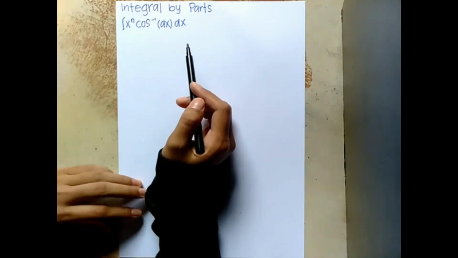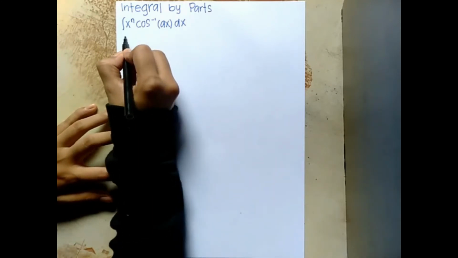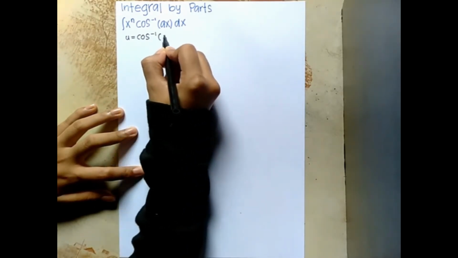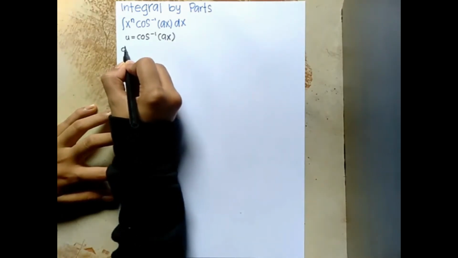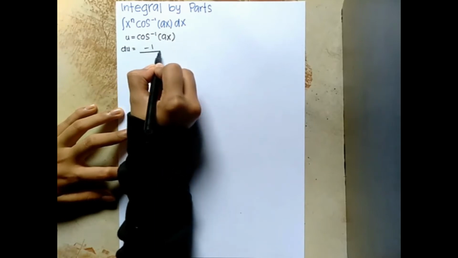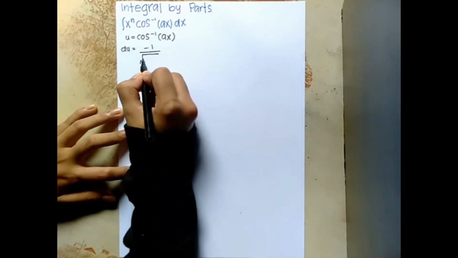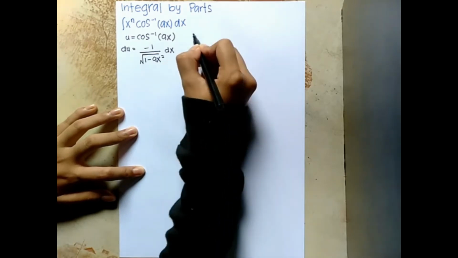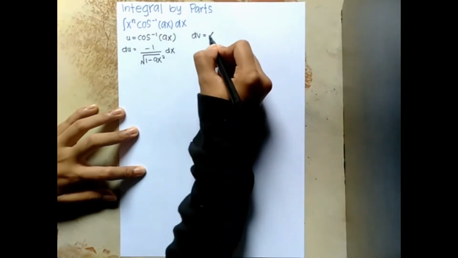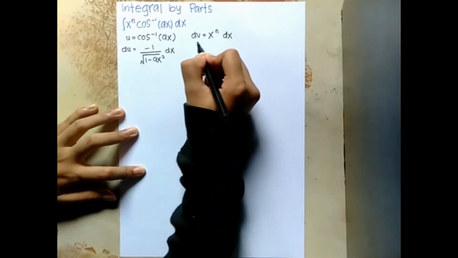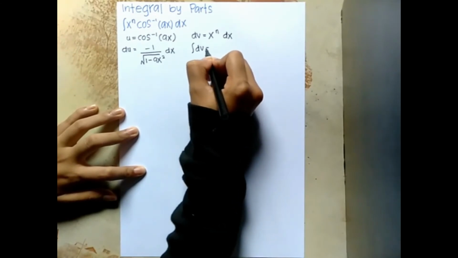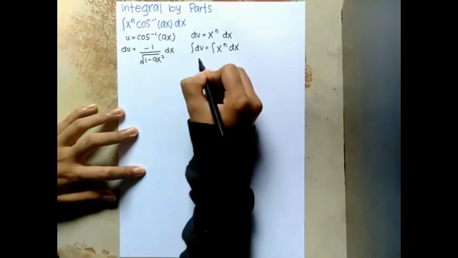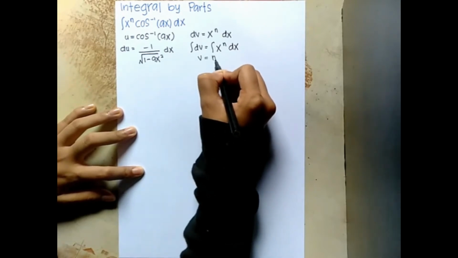So first of all, we have to define our u and du, which is u equals cos to the power of -1 ax, and the differential du is equal to -1 over square root of 1 minus ax squared dx, and our dv is equal to x to the power of n dx, and our v is equal to nx.